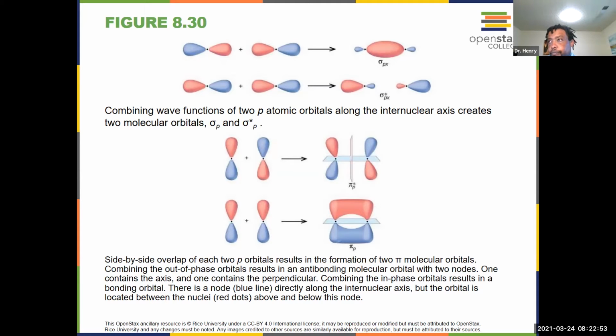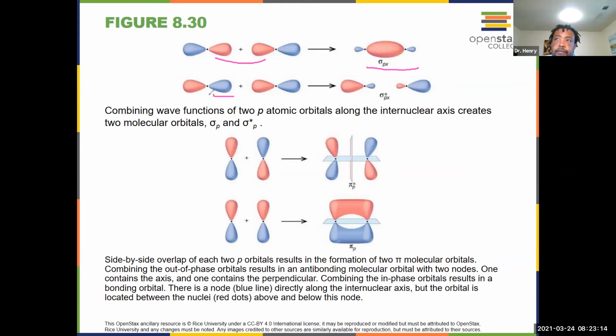So in the case of p orbitals, the same concept. If they're in phase, they're able to come together. So this one would be called, because it's a sigma bond, sigma px.